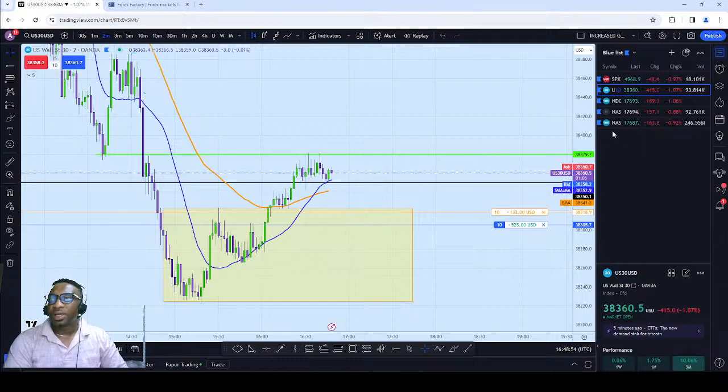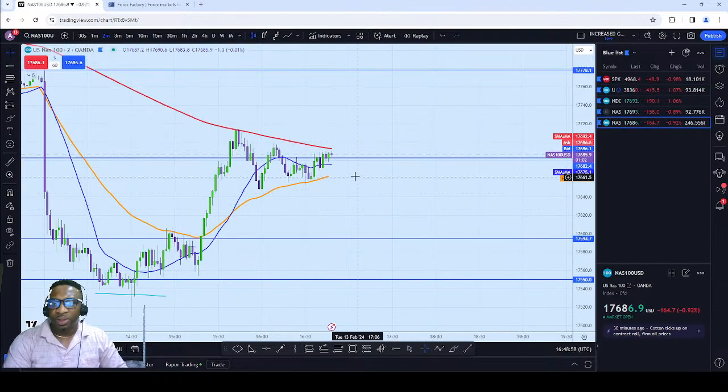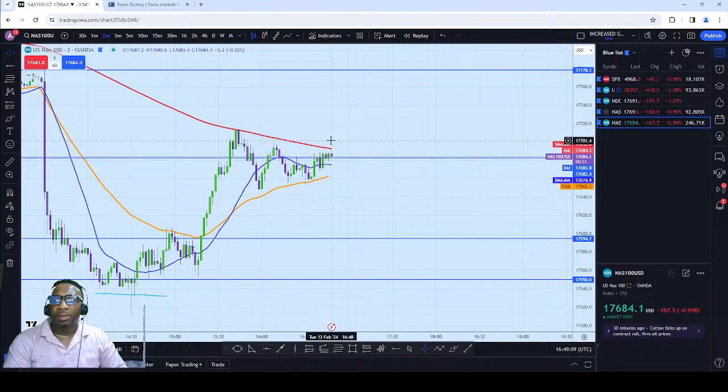On NAS, on my other screen, NAS is still below the 200 moving average. We are expecting NAS to push above it and then continue its initial move.